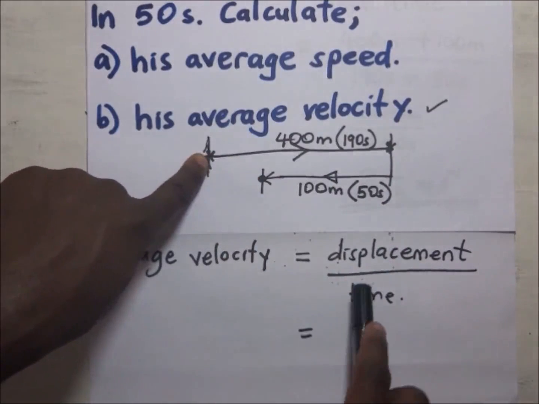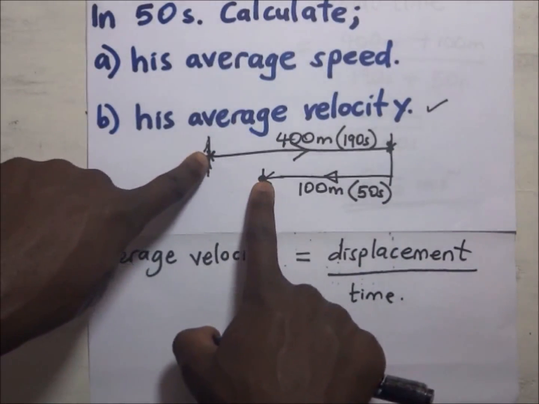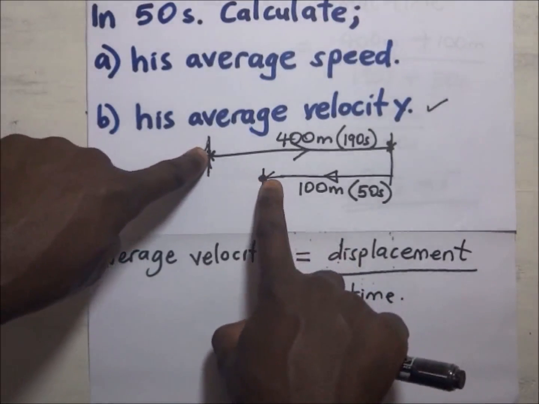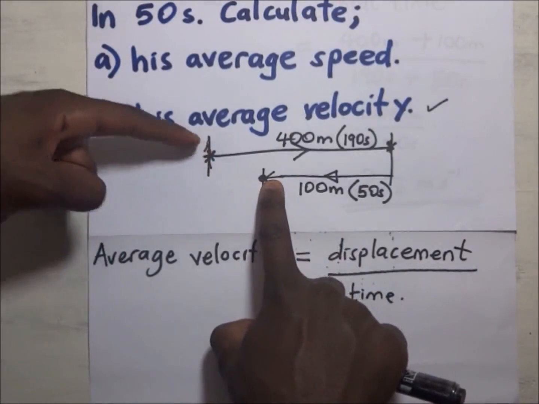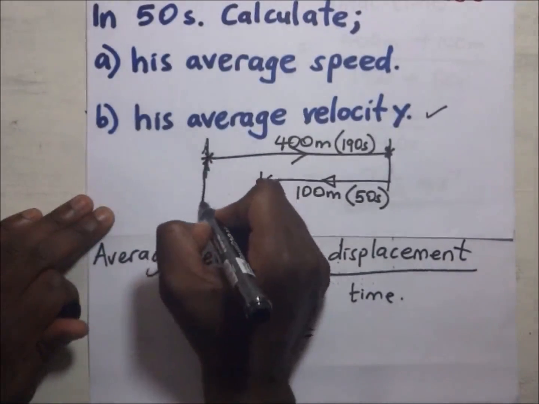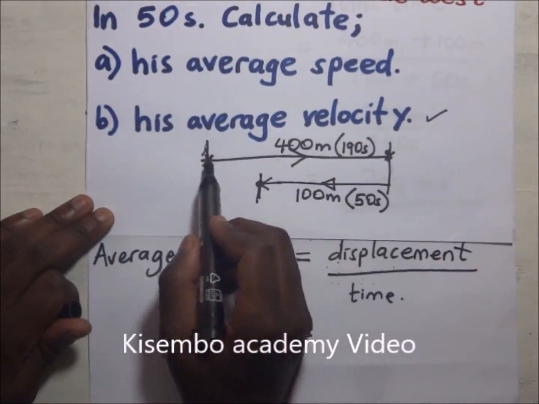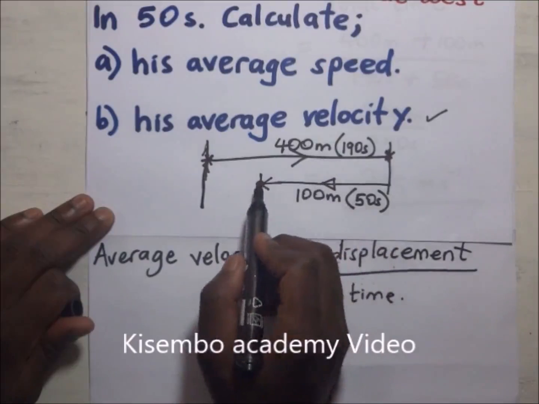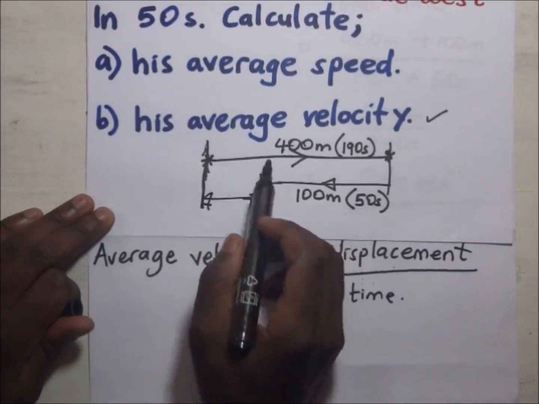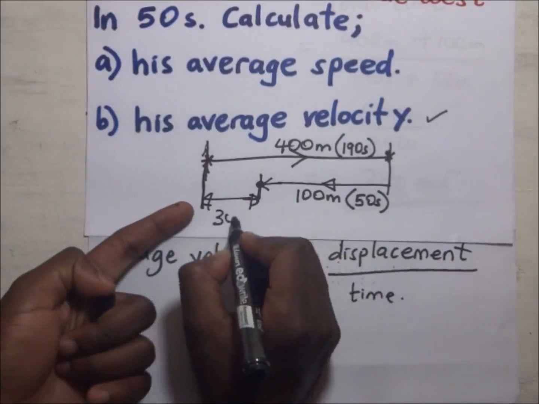If he started from this point and ended here, and from here to here is 400, then from here to here is 100, it means the remaining is going to be 400 minus 100, which leaves 300.